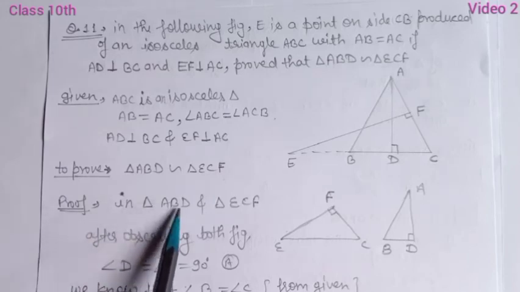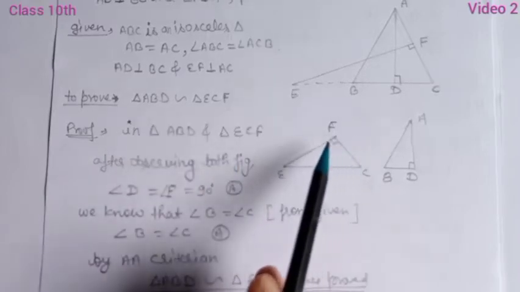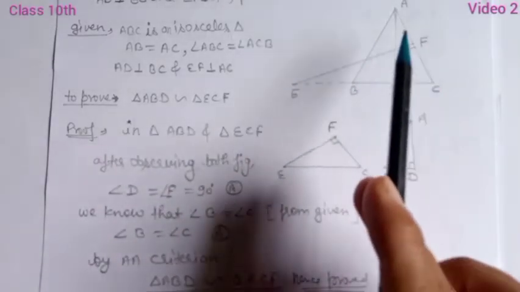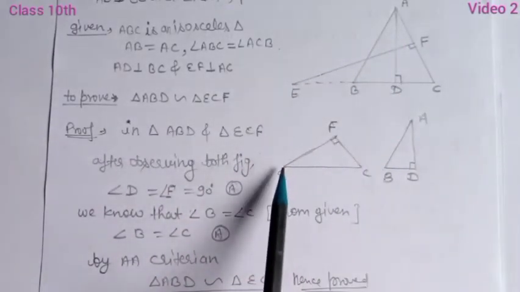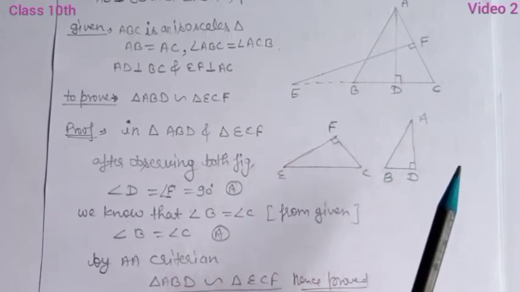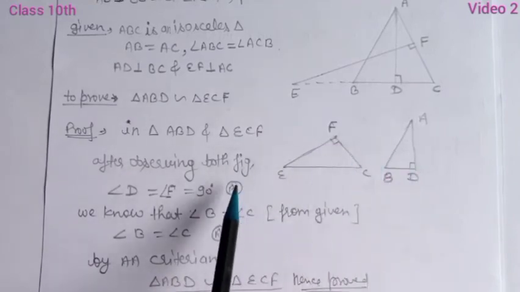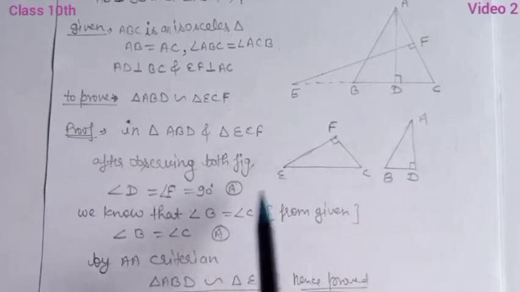In triangle ABD and triangle EFC, the triangles are drawn here, a copy of the triangles from the above figure, EFC and ABD. So we observe both triangles and then we'll write what things are common or equal here.